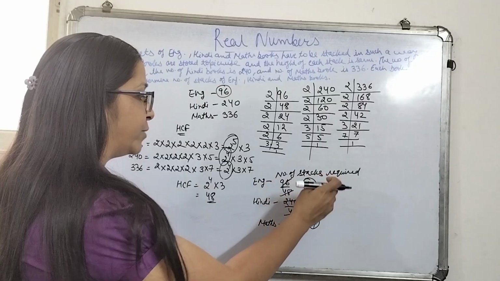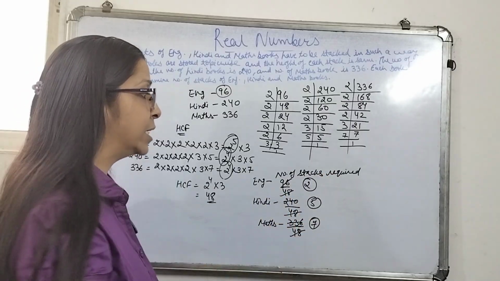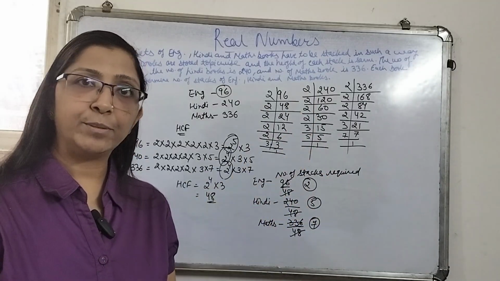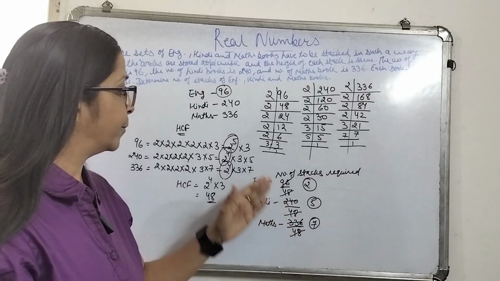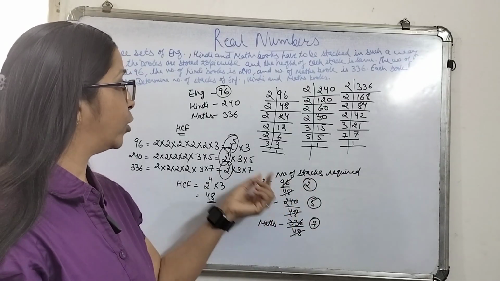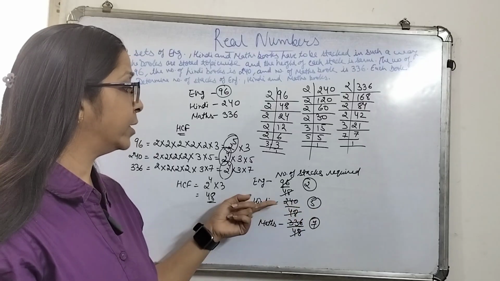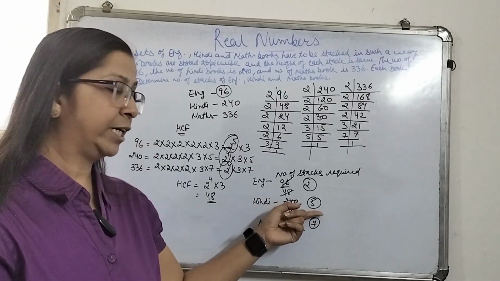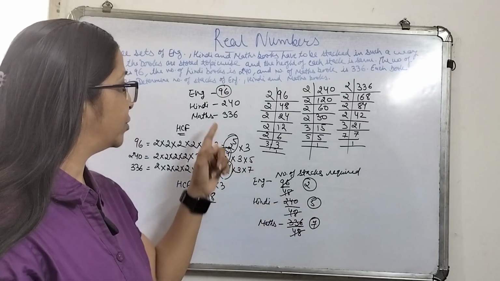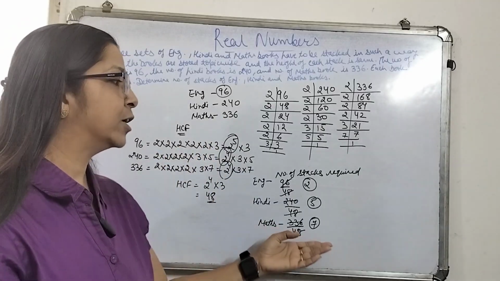Whether it is English, Hindi, or maths, in one stack only one type of subject books is there. Total number of stacks required for 96 English books is 2, for 240 Hindi books is 5, and for 336 books of maths is 7.